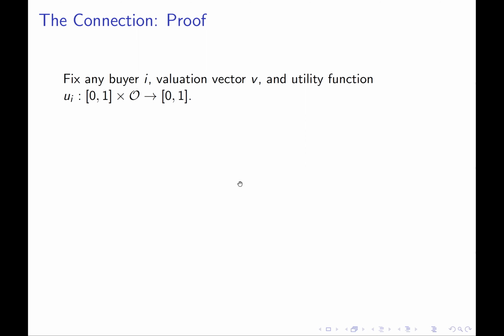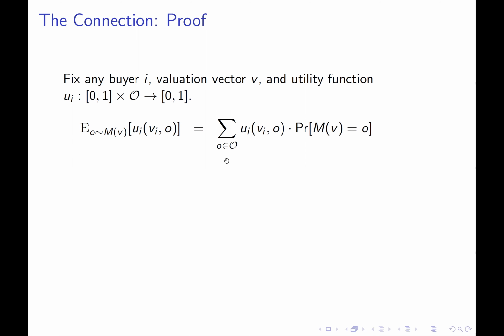And so let's fix all of those things. We'll fix a buyer, we'll fix a valuation vector, a set of bids for everyone else, and we'll fix a utility function for that buyer. And we're interested in, okay, well, what's the relationship between his expected utility if he tells the truth and his expected utility if he lies?